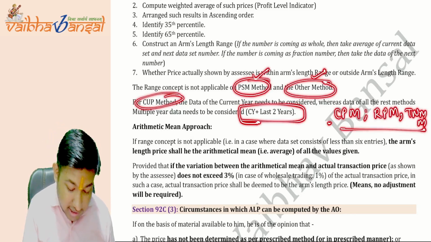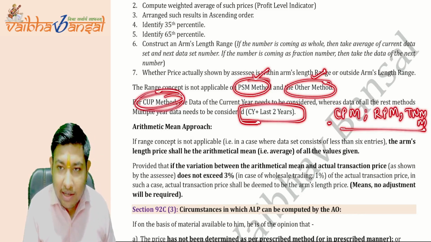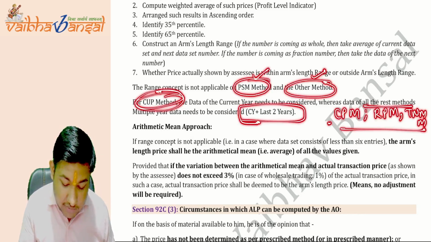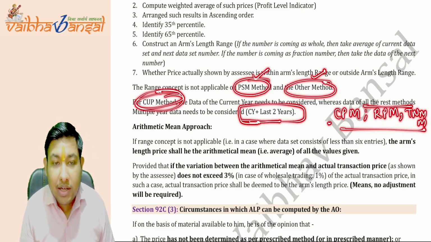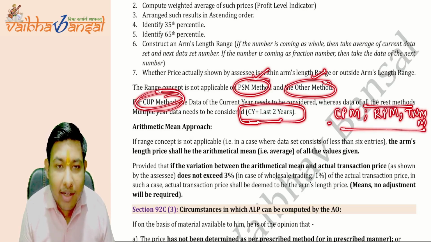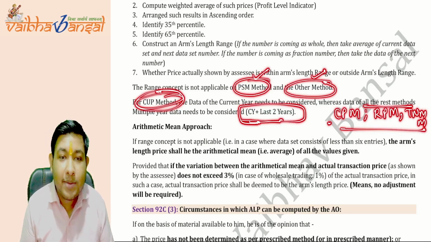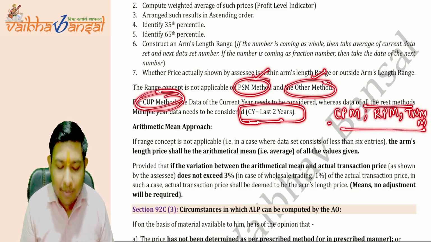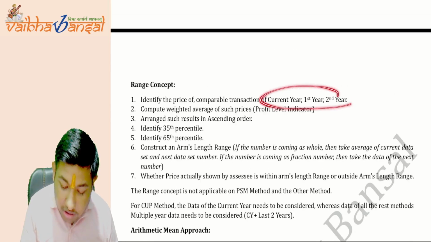Because it is said that apart from the CUP method, all the other methods will be considered for 3 years. But listen to me very carefully. For the PSM and the other method, the range concept is also not applicable. If the range concept is not applicable, then what is the need of taking all these three years of data?